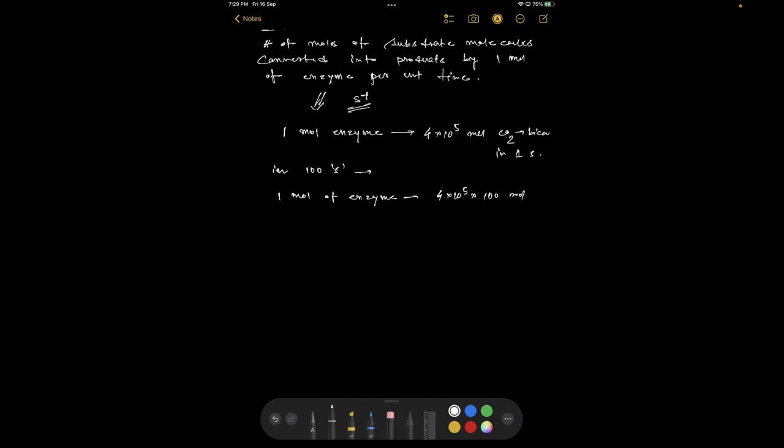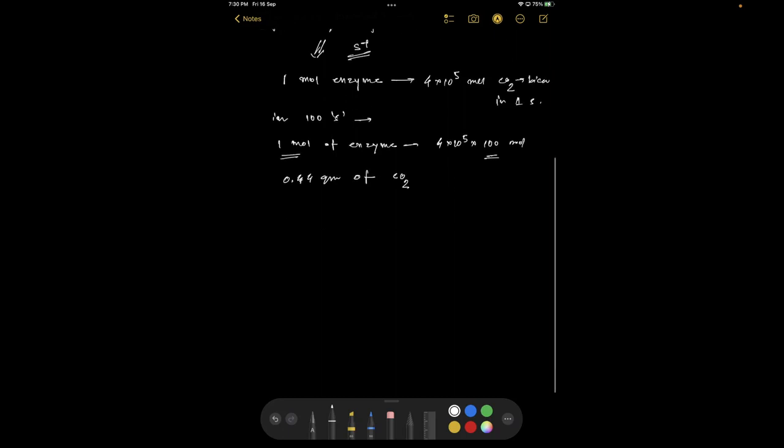The molecular weight of carbon dioxide is 44, so 0.44 gram means 0.44 divided by 44, that is 0.01 mole of carbon dioxide.